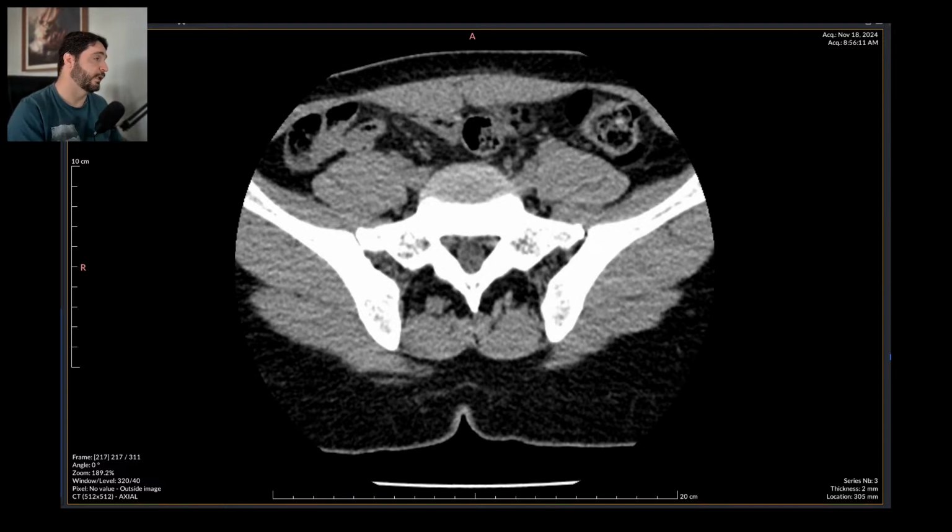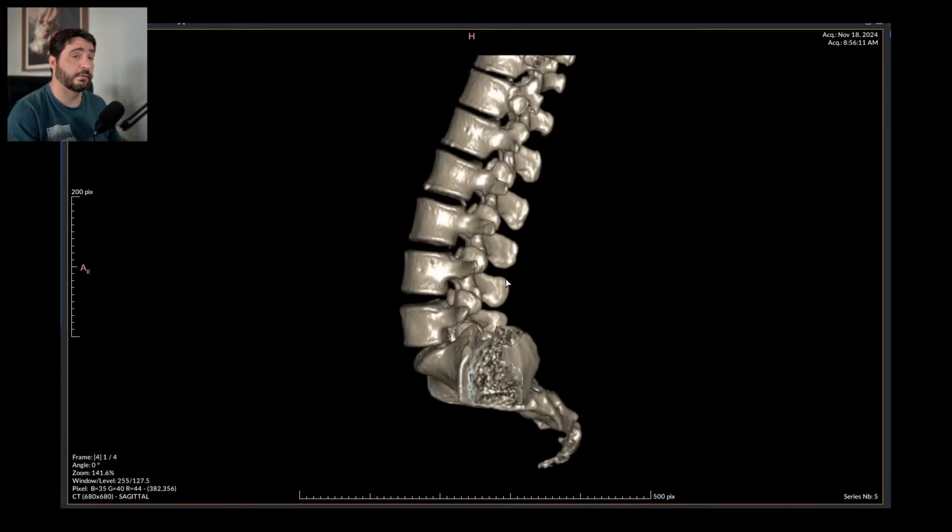So they ordered a dorsal spine scan, but they only sent the lumbar spine images, so we can't really work with that.